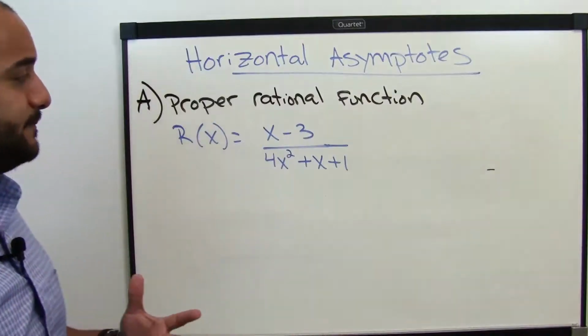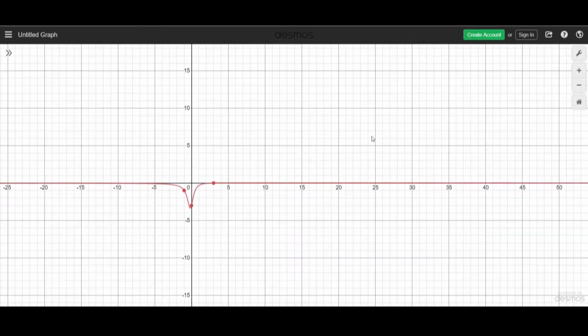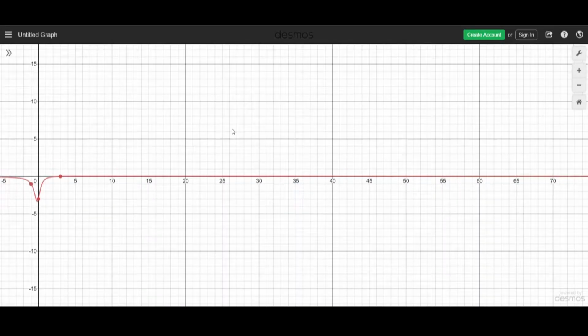So what happens here is that we are not worrying about what's happening towards the origin of this function. What we care about is what's happening as x becomes unbounded. That means as we take it into positive infinity or negative infinity, what's happening there.